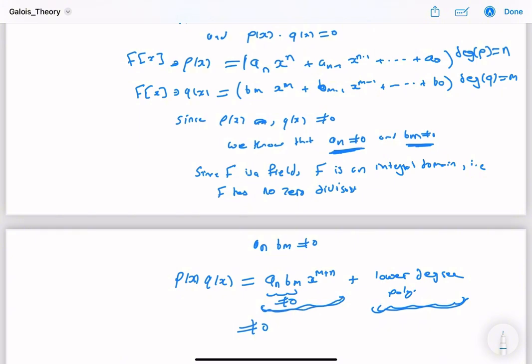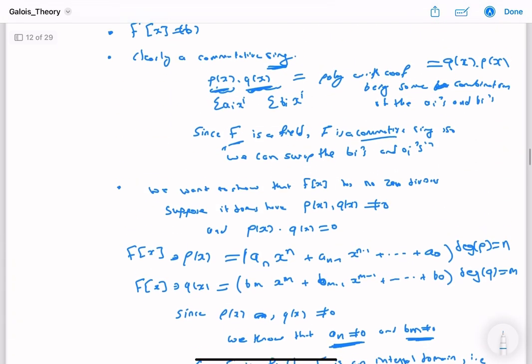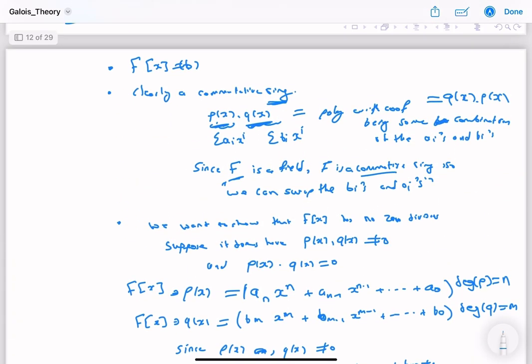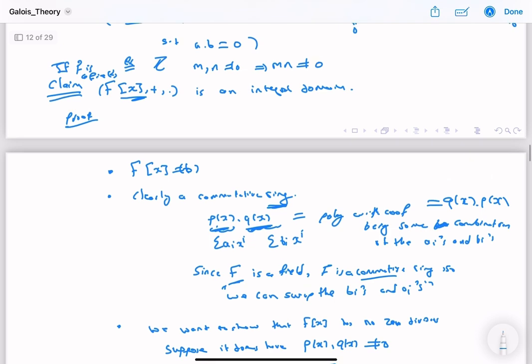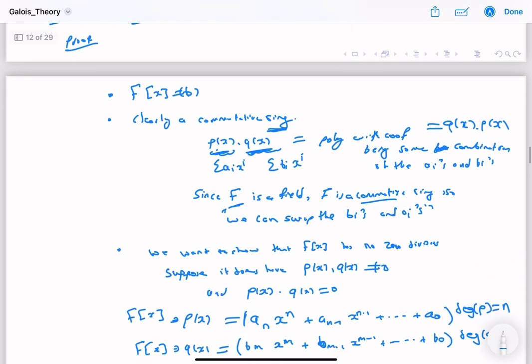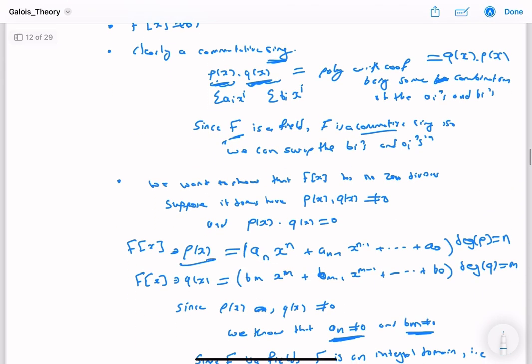We actually did derive a contradiction. We assumed that p and q are not zero and that their product is zero, right?